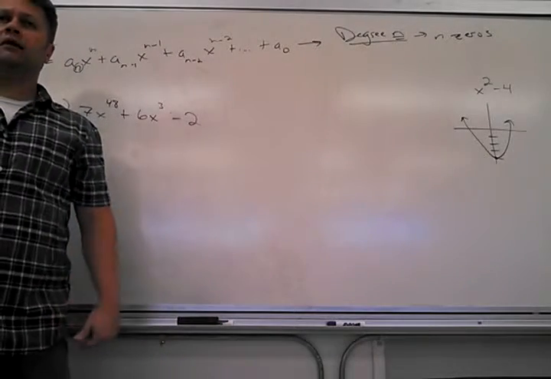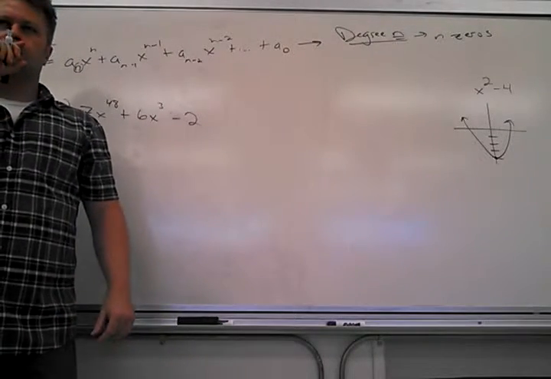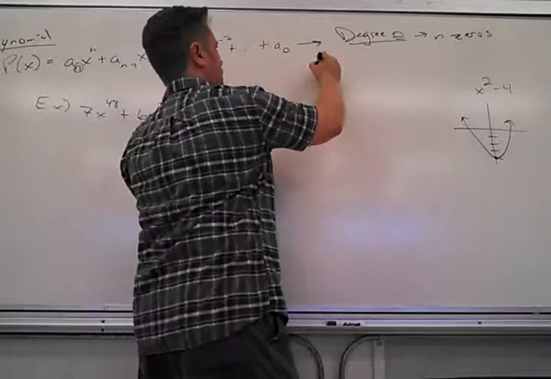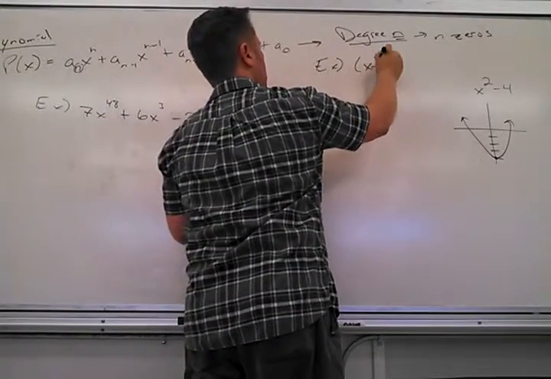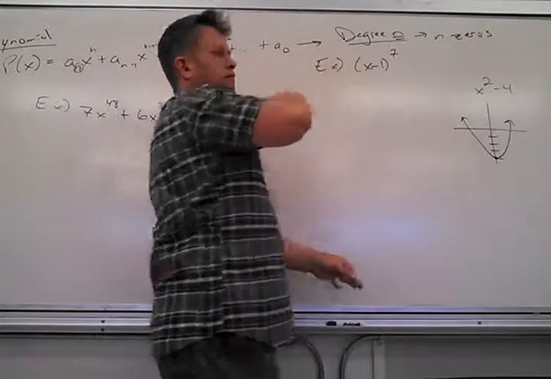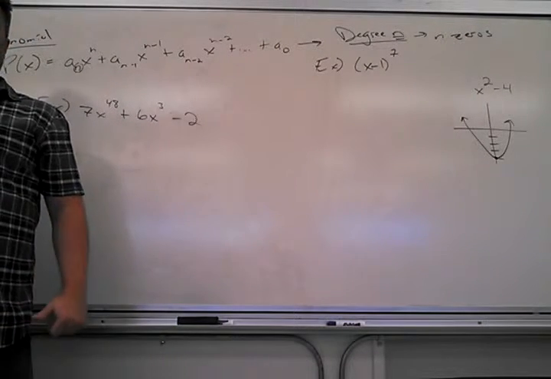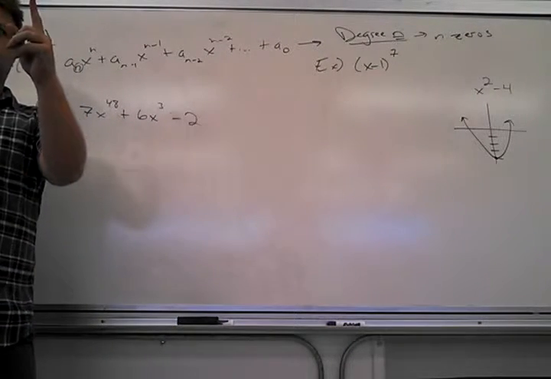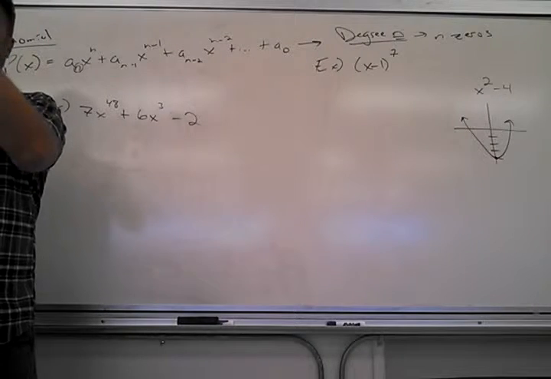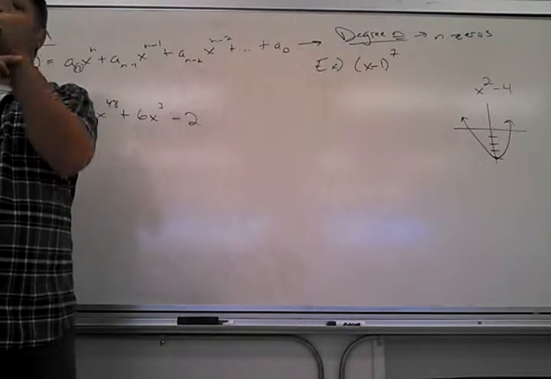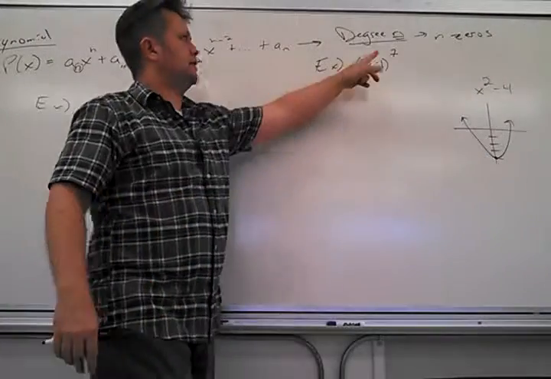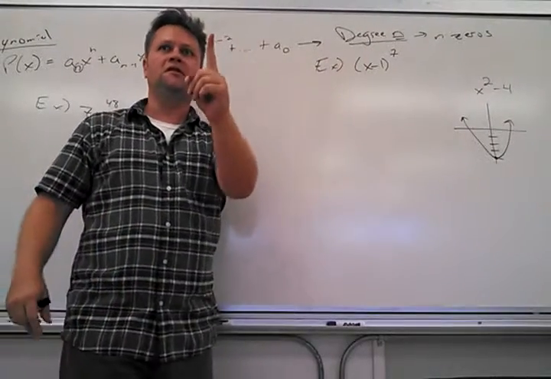Now some of those might repeat. For example, you could have x minus 1 to the 7th power. What's the zero of that? 1. The x-intercept is also called the zero, also called the root. So we'd say it only has 1 zero, but math would say, no, it's got 7. They all happen to be 1.